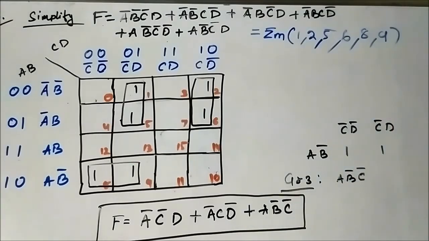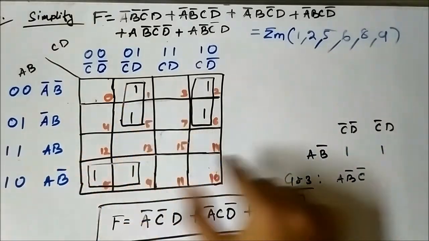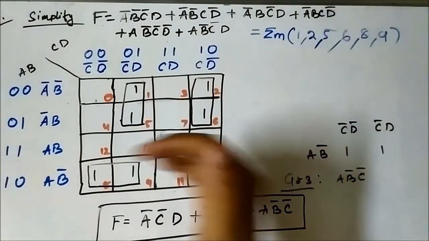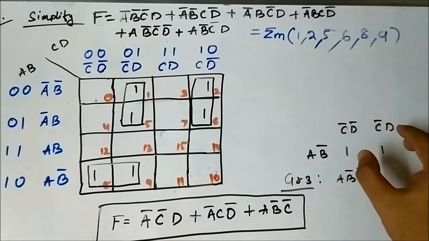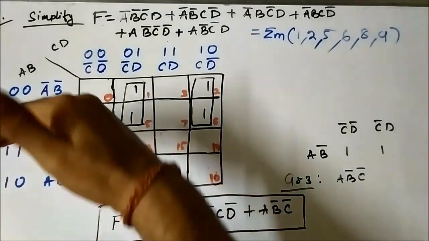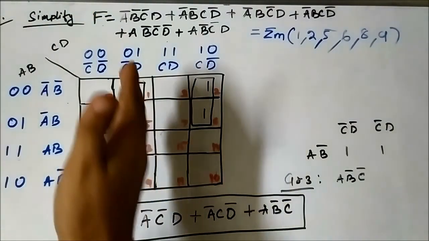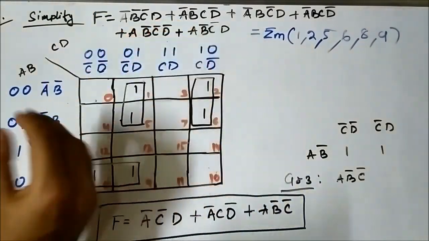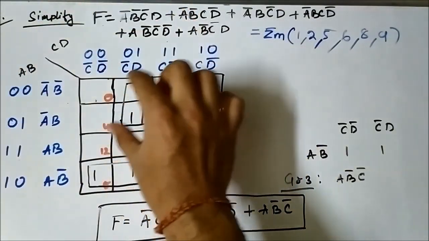But if you are a beginner, I would recommend this approach: write the groups, the cells, the horizontal components, the vertical components, then find the common variables. When you practice 10 or 15 questions related to 3 or 4 variable K-maps, you will get acquainted with this, and just by looking at the K-map you can directly find the common variables from both the horizontal and vertical side for each group.